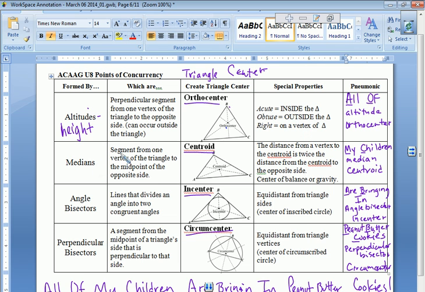Medians. A median is a segment that goes from a vertex to the midpoint of the opposite side. That's what a median does. All right, can we find the midpoint of a segment? Yes, we can. What do we use to find the midpoint of a segment?